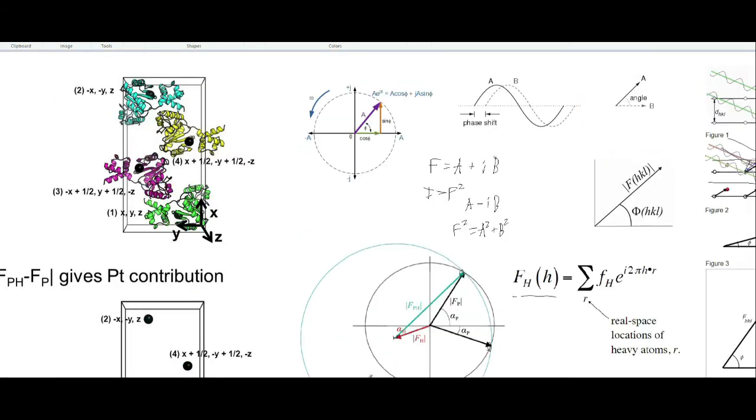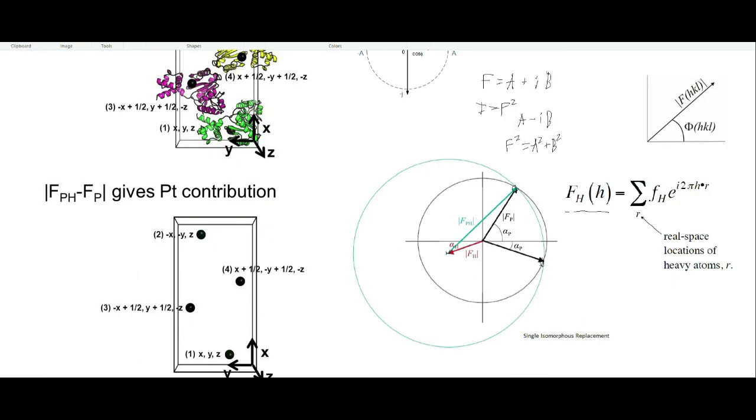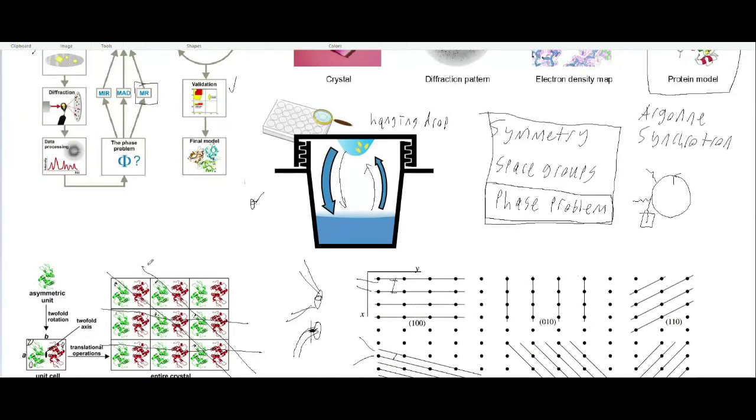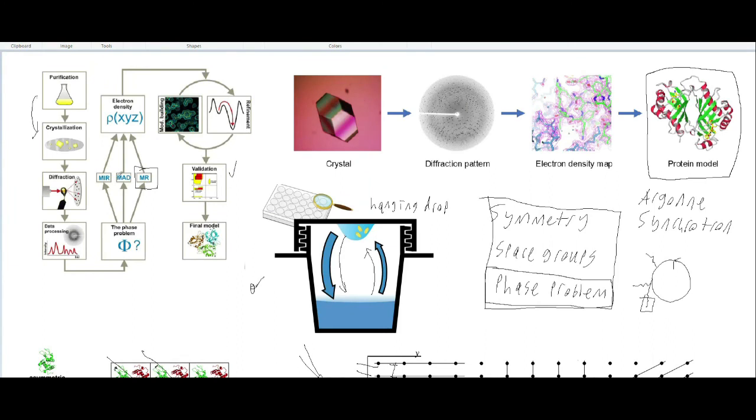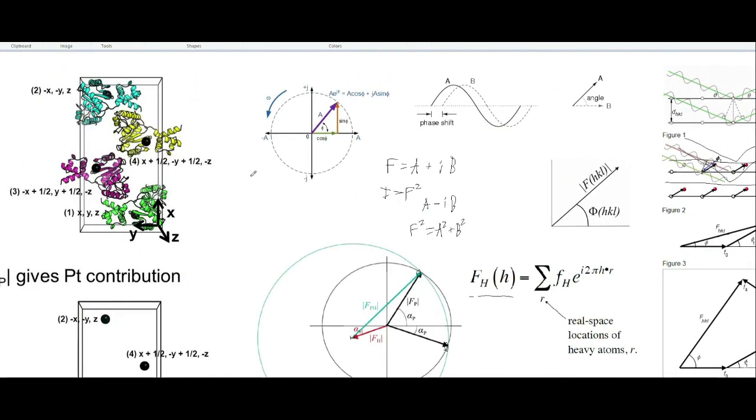There are ways to do it without multiple crystals, like MAD, multi-wavelength anomalous dispersion, which is just doing this with wavelengths of X-rays that are in the range of the resonance of the heavy atoms.